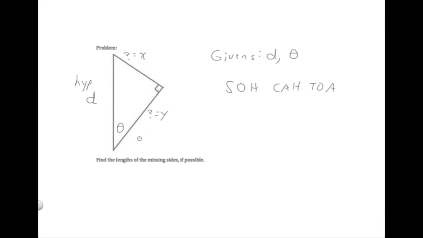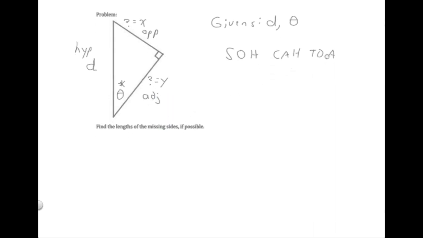And then which angle are we going to focus on? Well, we could focus on this one, but it's much more convenient to focus on the bottom angle because that's where we were given the symbol. So I'm going to put in the asterisk to show I'm focusing on this angle where we were given the symbol. Then this leg is adjacent to that angle that we're focusing on, and this leg is opposite to that angle. So again, we don't want to use tangent because that would not let us use the hypotenuse, which is what we know about here.